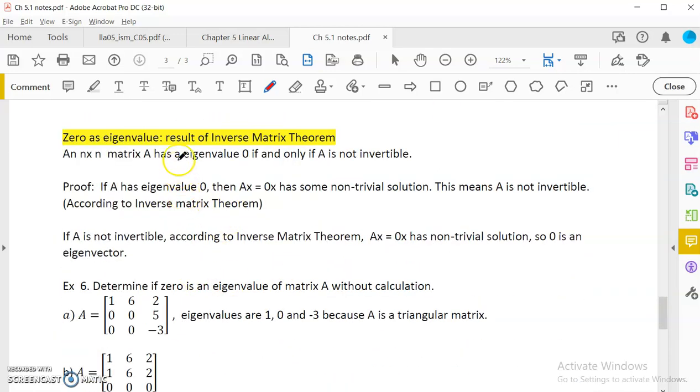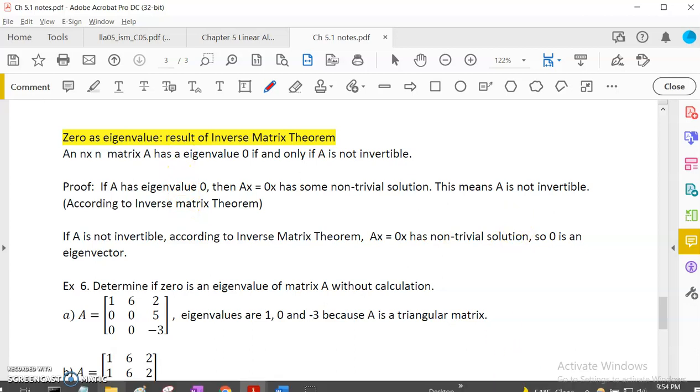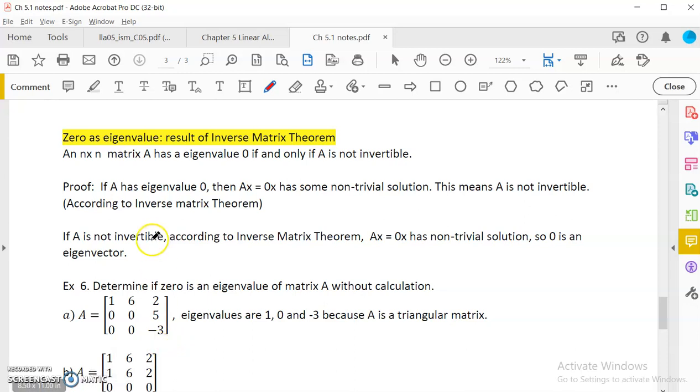What about 0 being an eigenvalue? Now, the 0 vector is not an eigenvector because A times 0 is always equal to lambda times that 0. But 0 can be an eigenvalue. So how do I know 0 is an eigenvalue? Of course, it is an eigenvalue if and only if A is not invertible.